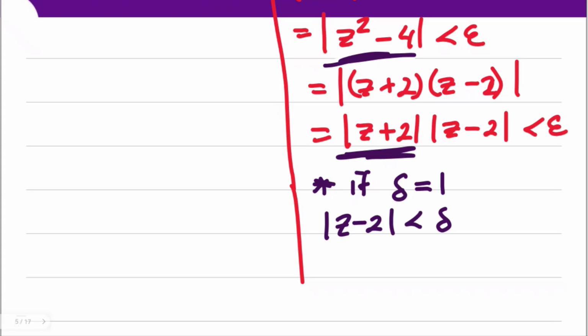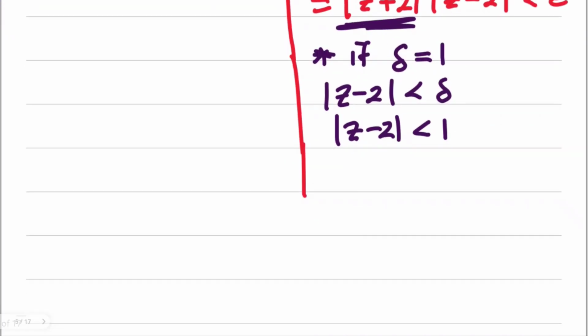So we have here that the absolute value of z minus 2 is less than 1. What's the purpose of this? Later on, we need to manipulate that and identify a certain z plus 2 expression. What we could do here is this: we know already the properties of absolute value.